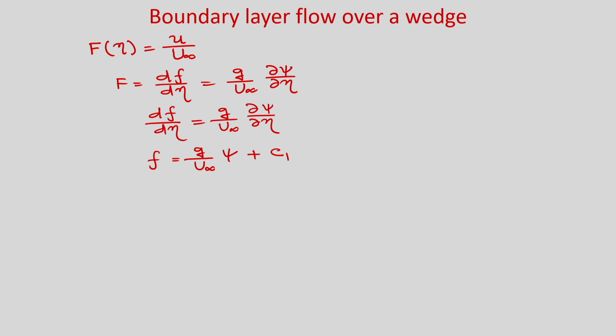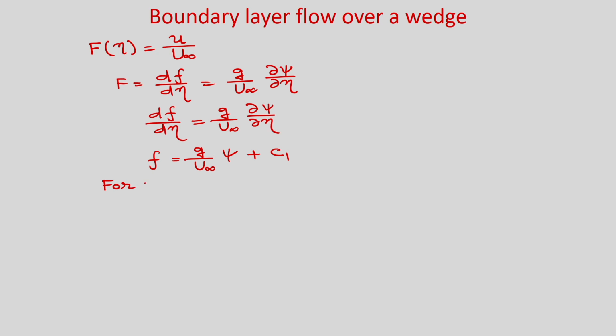We can assume for convenience that the stream function on the surface of the wedge is 0. Psi is equal to 0, so obviously f will also be 0. So, c1 will be 0.